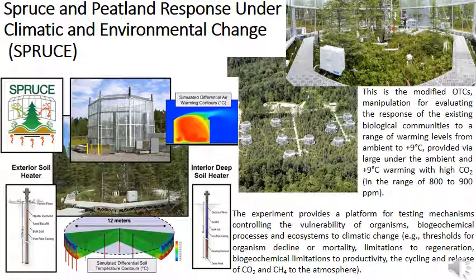Another study is called spruce and peatland response under climatic and environmental change. This is a modified OTC manipulation for evaluating the response of the existing biological communities to a range of warming levels from ambient to +9 degrees Celsius, provided under ambient and +9 degrees Celsius warming, with high CO2 conditions that can range between 800 to 900 ppm.